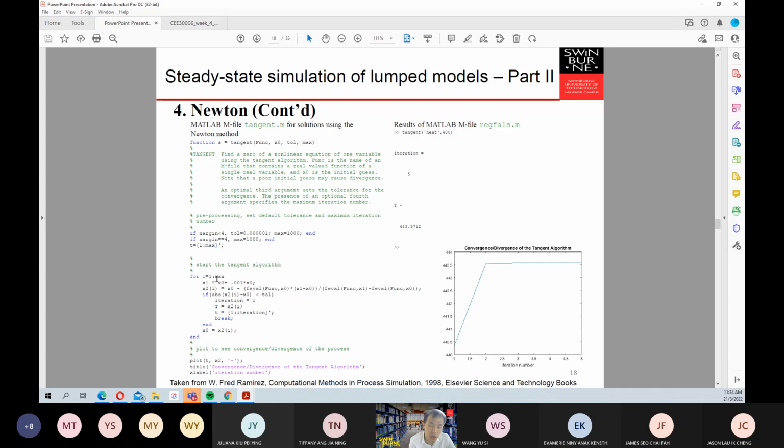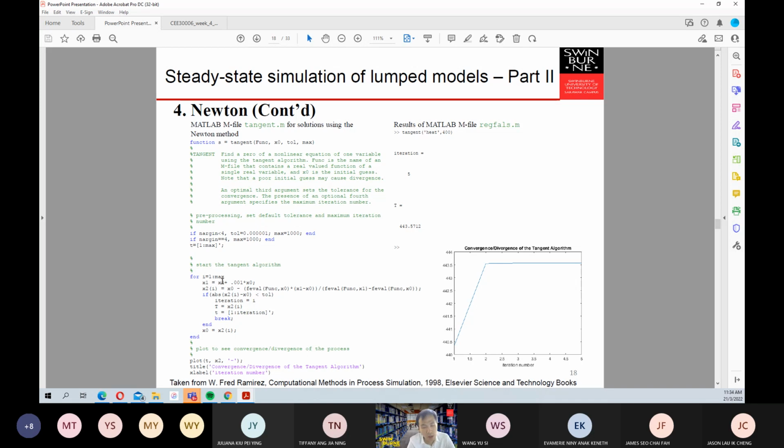Then this will use looping for i equal 1 until max. So if your max is 1000, then this will do roughly 1000 iterations, which is not really recommended in MATLAB because MATLAB is not very good at handling looping.